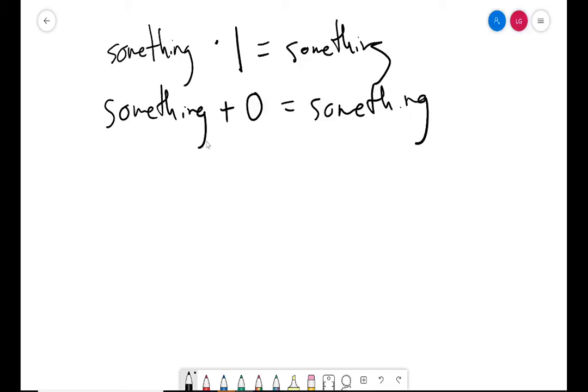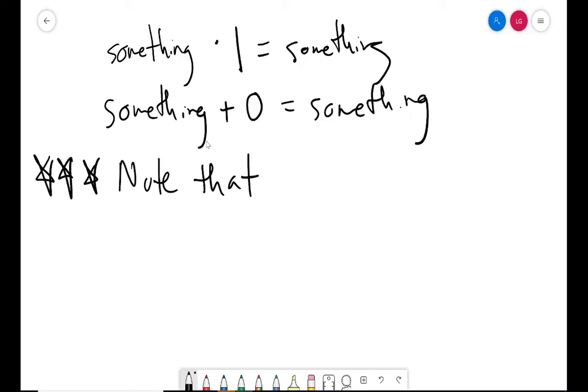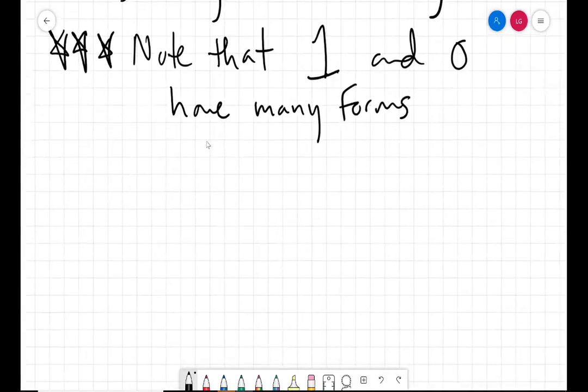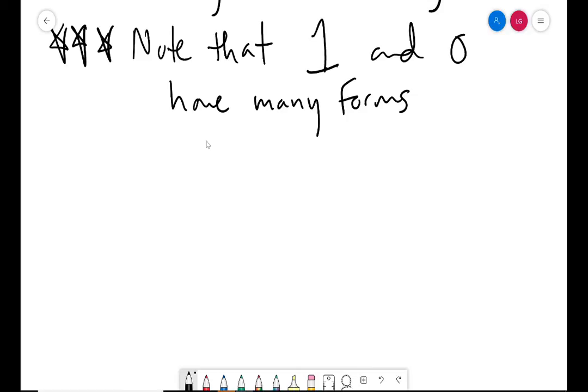What is more key, and where this really evolves very quickly, is, let's double star, triple star this. Note that 1 and 0 have many forms. Okay, and in particular, let's look at the forms that 1 can take.